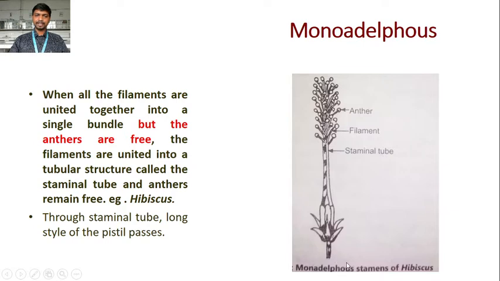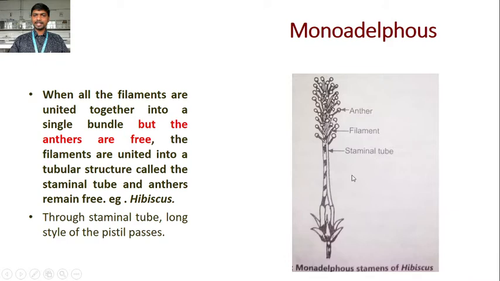For example, hibiscus. Through this staminal tube, the long style of the pistil passes. The pistil, that is the gynoecium, has the stigma, style and ovary. So inside this staminal tube, the long style of the pistil is present.